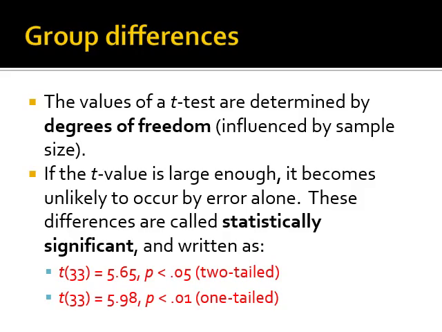This means that there are 36 total people in this study, because we have two groups, so 36 minus 2 is 34, and we have a sample, so minus another 1, that gives us 33. So of 36 participants, you have a degrees of freedom of 33, equals 5.65, that's our t-statistic.